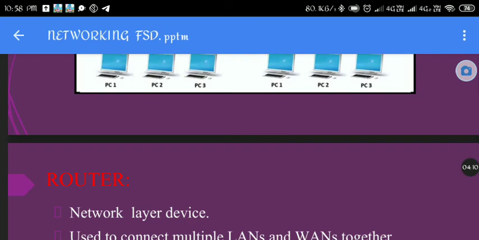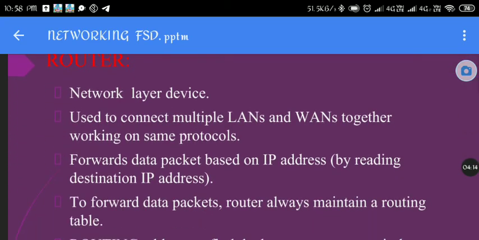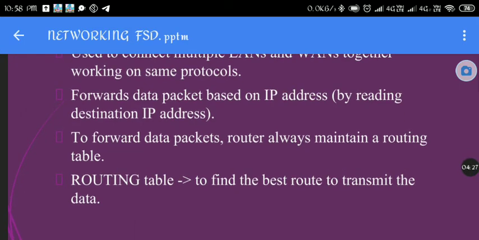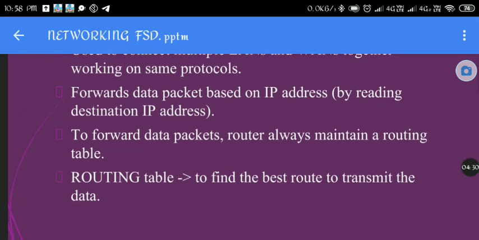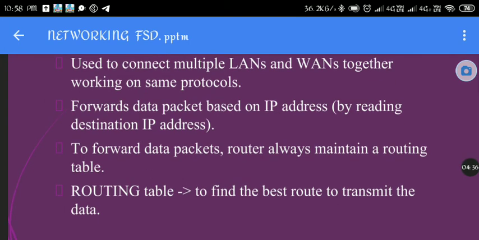Then another one is a router. Router is used as a network layer device. It is used to connect multiple LANs and WANs together working on the same protocol. It also forwards data packets based on the IP address by reading the destination IP address. To forward the data packets, a router always maintains a routing table.